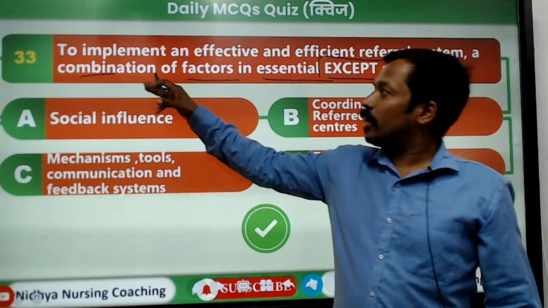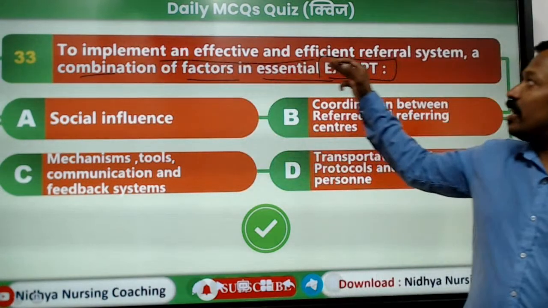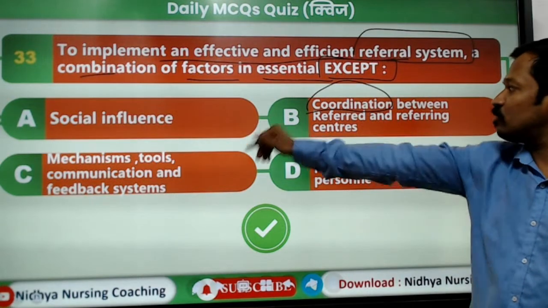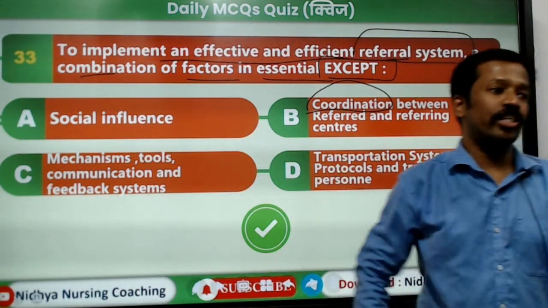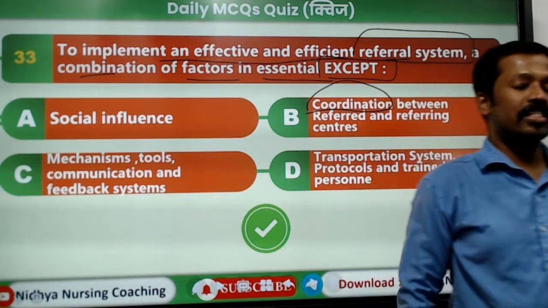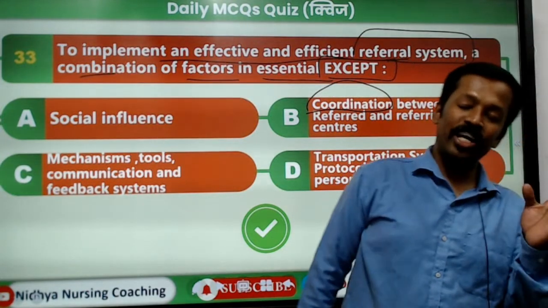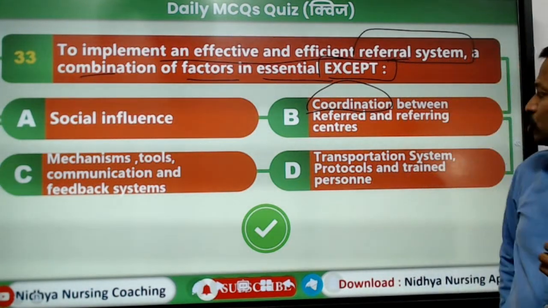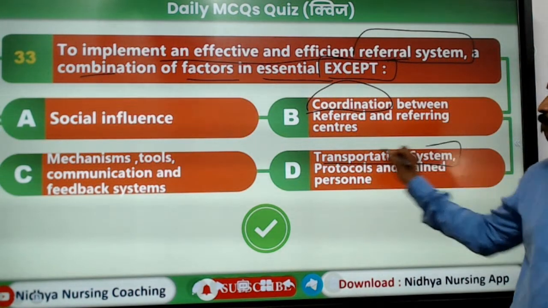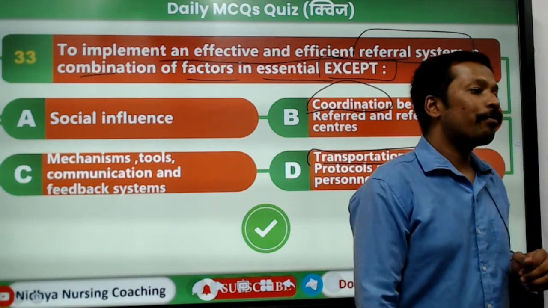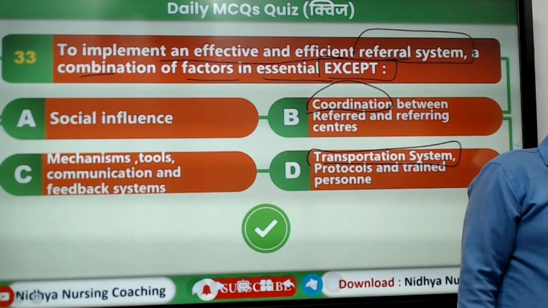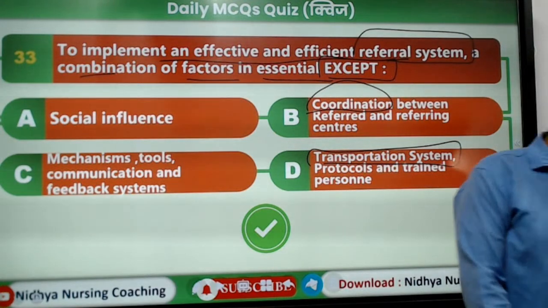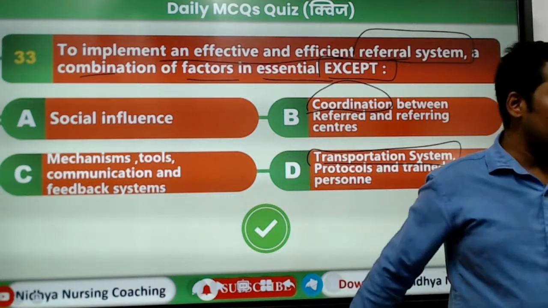So, an effective and efficient referral system should have coordination with the referred and referral centers. Next is the transportation system. They should have protocols. They should have trained personnel.